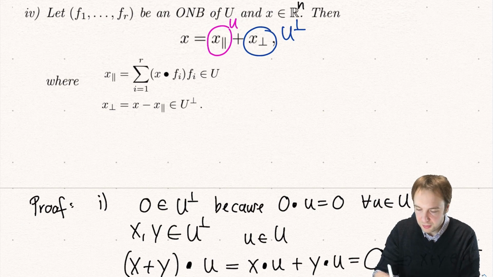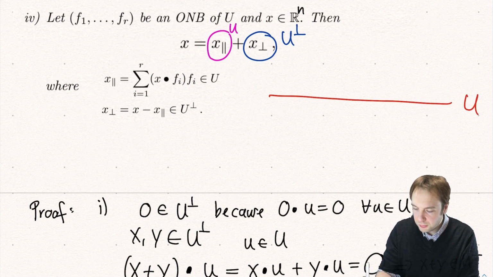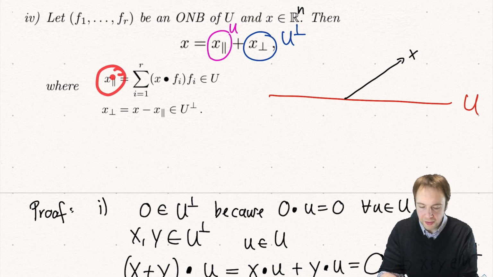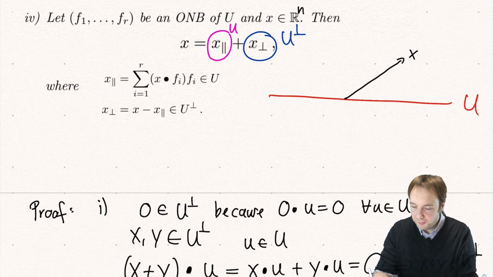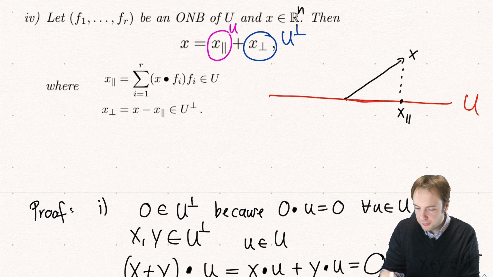So let me draw a picture here. If I have a subspace U and I have some x, then this x parallel will be an element in U. So this vector here, different color, pink isn't good.